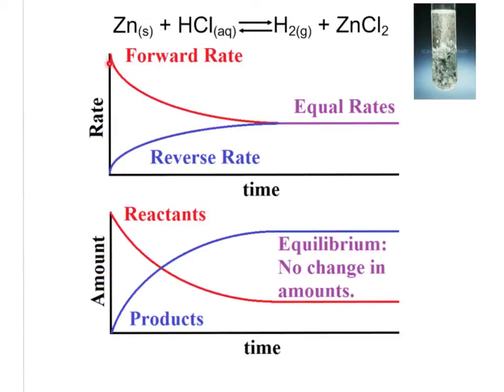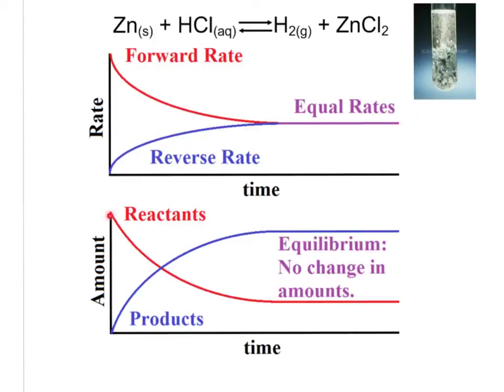So as the forward rate slightly decreases here, the reverse rate will increase until it reaches a point of equilibrium. Here we have equilibrium. The rates are equal. We have the forward rate equal to the reverse rate, and that is where we have achieved equilibrium.